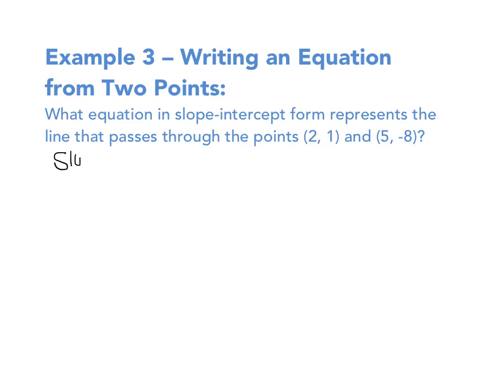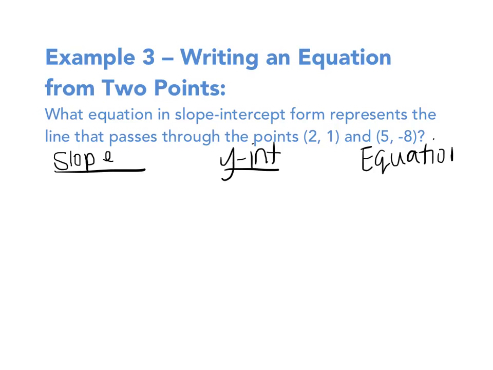So I need to find the slope, and then I need to find the y-intercept. And then once we do all that, we'll get the equation. So we know from a previous lesson how to find the slope from 2 points. We have to use our slope formula, which is the change in y all over the change in x.